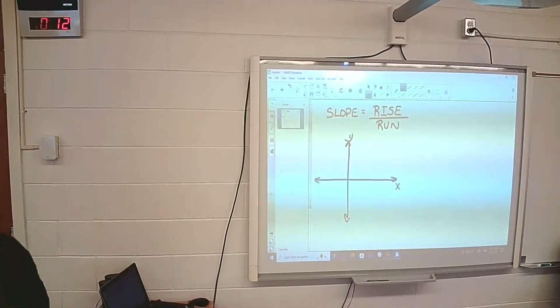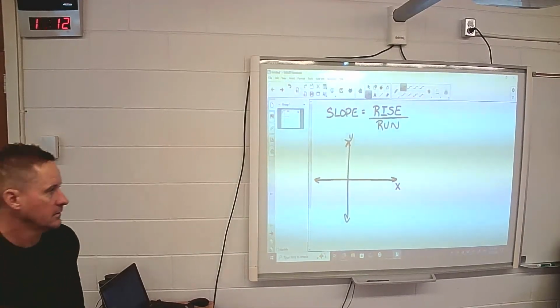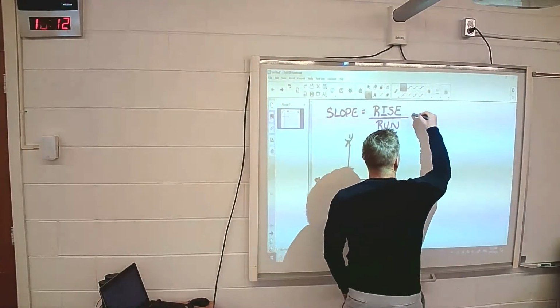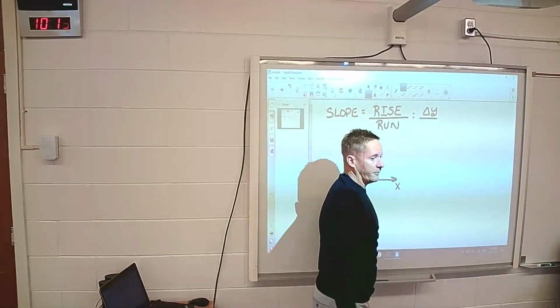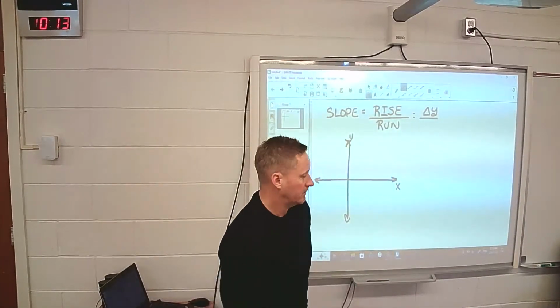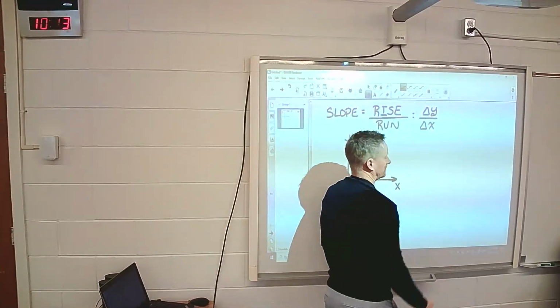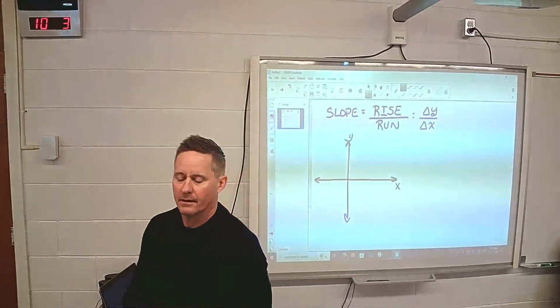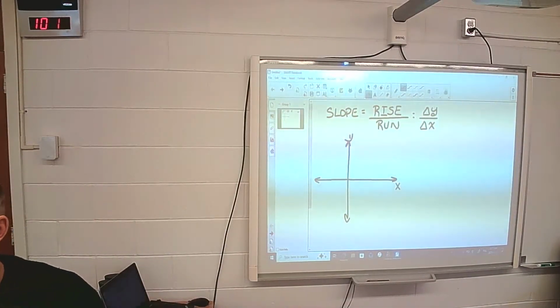So then the rise is the change in the Y value, because we're talking about how fast it goes up or down. How fast it goes left or right is your X. Again, you need to write all of it. If it's on the board, write it down.